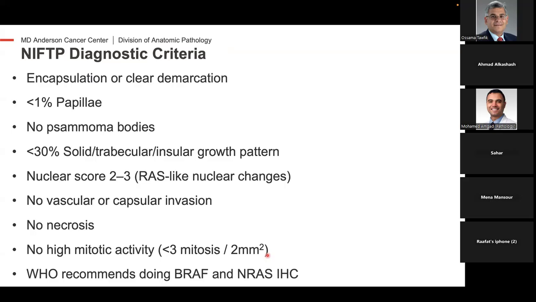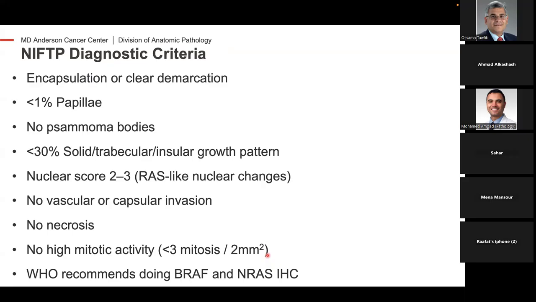And if you have any of these exclusion criteria, the way you're supposed to call it is encapsulated follicular variant of PTC. So if you have more than 1% papillae, you can't call it a NIFTP.